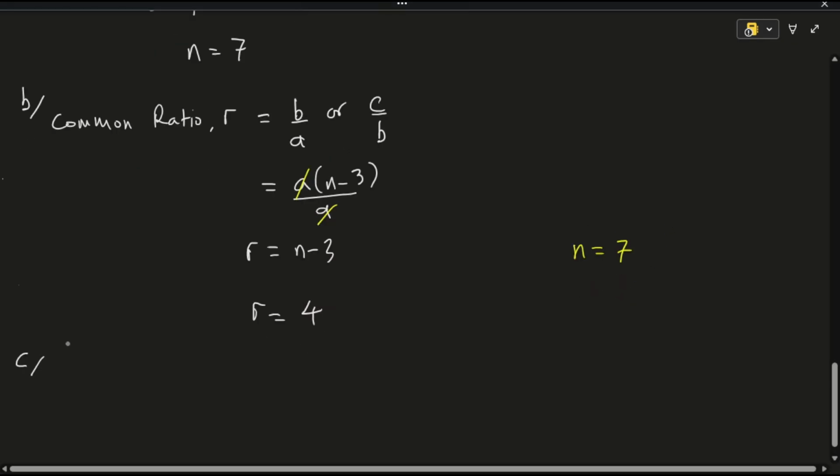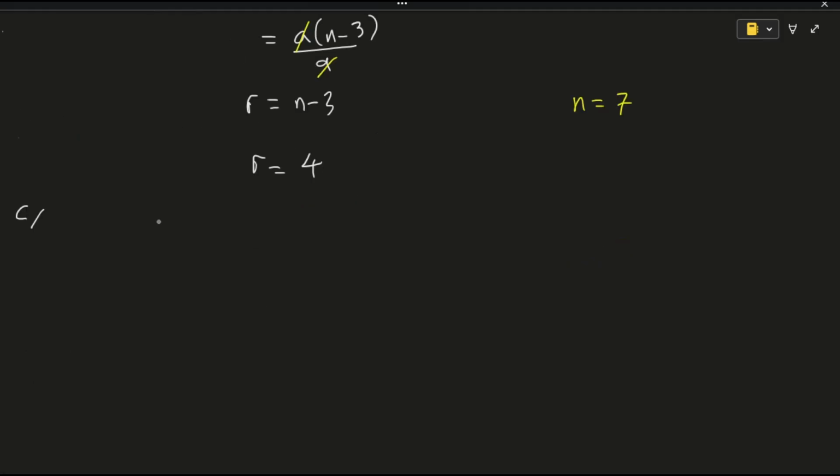Now, with the C part of the question, we are asked to determine the sum of the first 15 terms.